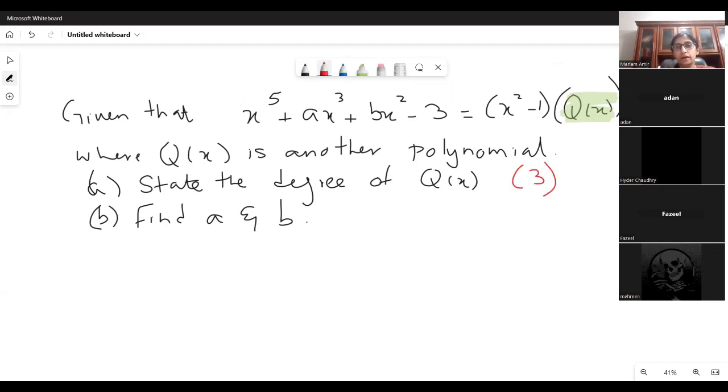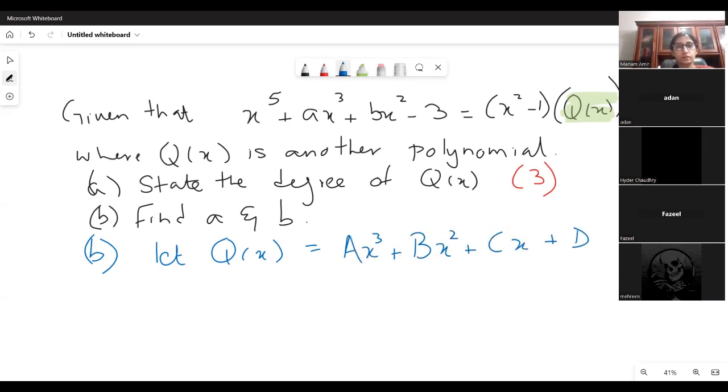Okay. Find the values of a and b. For part B, we can let q of x equal capital A x cubed plus capital B x squared plus capital C x plus capital D. This is a generic form of representing a cubic polynomial.